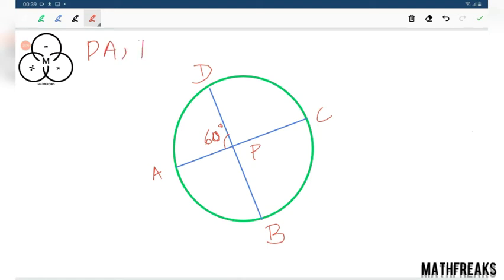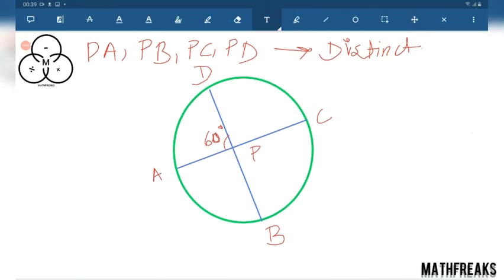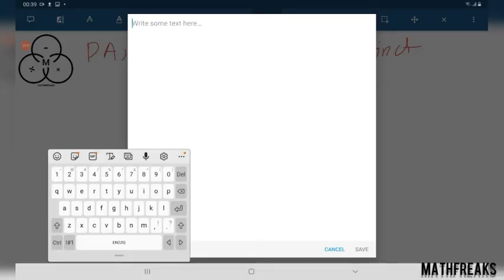PA, PB, PC, PD are distinct, and none of these divides each other.